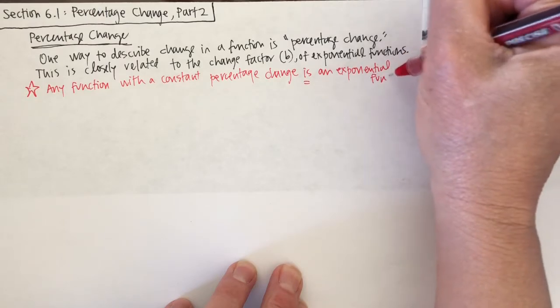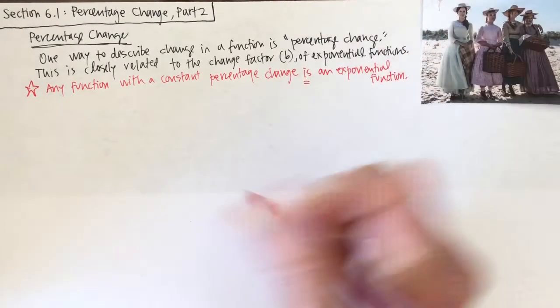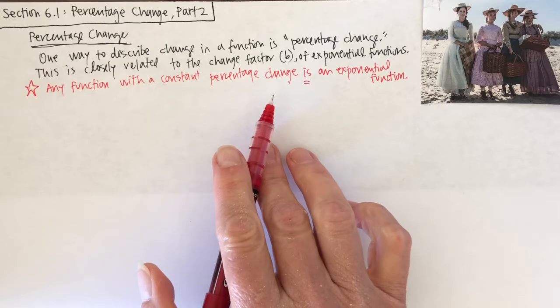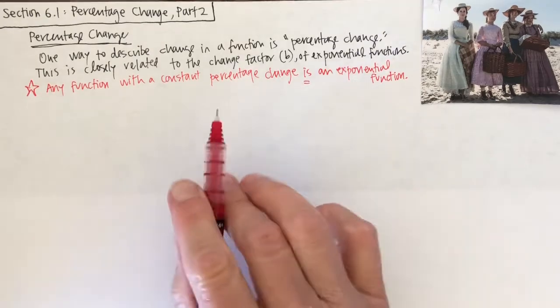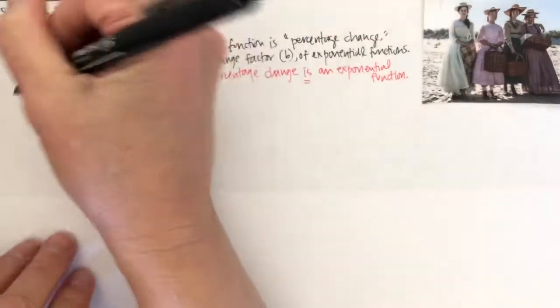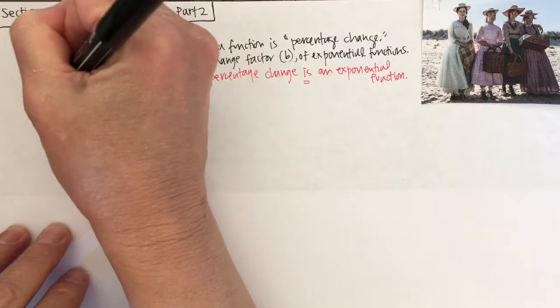Even if it's not explained explicitly, when you see a constant percentage change in a problem, you know you're dealing with an exponential function. So first I'm going to give a definition and then we'll look at 2 examples.